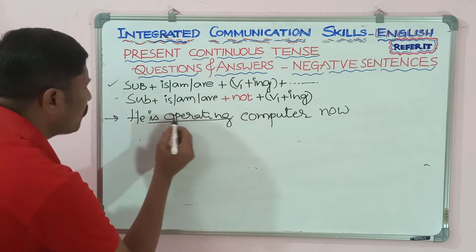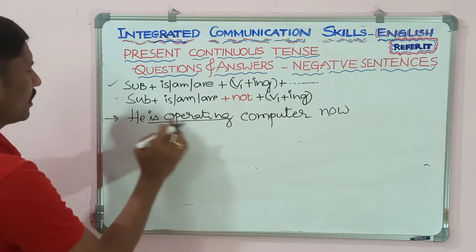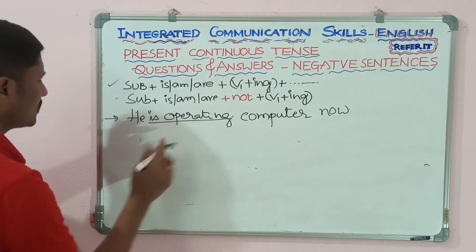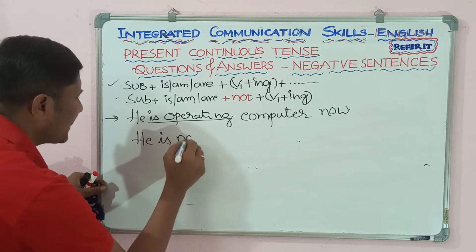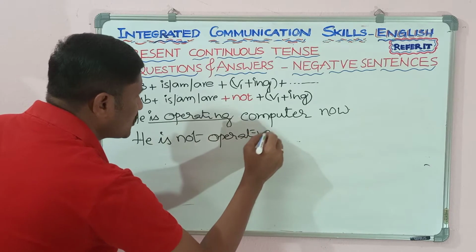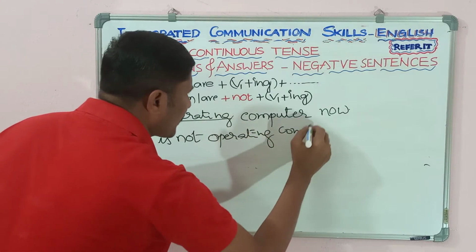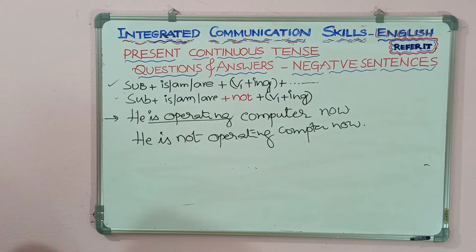Just you have to add not between the helping verb and the participle. Okay. Is operating. Then it will become he is, add not. He is not operating computer now. This is the negative sentence for this.